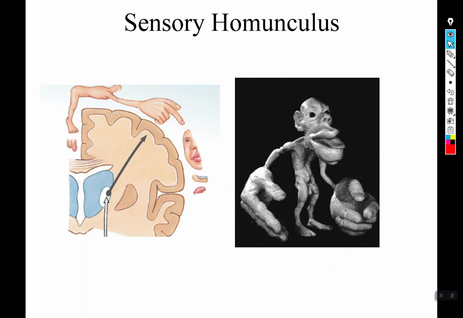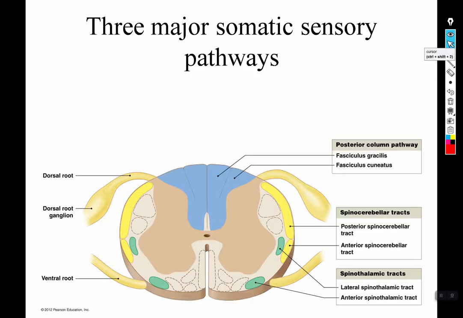All right, so the major somatic sensory pathways, there are 3, and this is actually why we made you learn the posterior column for your practical, because it is containing stuff that you need to know. So we've got the posterior column pathway, which includes the fasciculus gracilis and the fasciculus cuneatus.